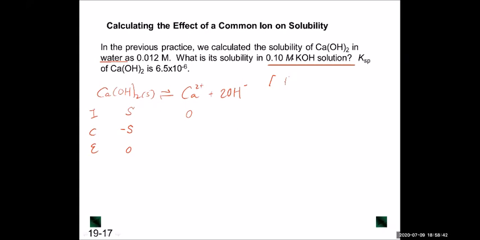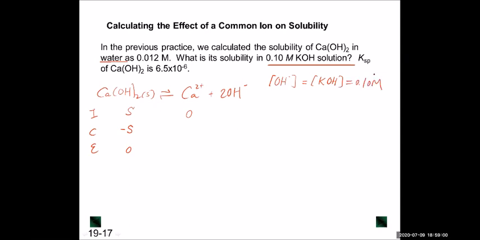This compound, 1 mole will dissociate and give you 1 mole hydroxide ion. So the molarity of hydroxide equals the molarity of the potassium hydroxide, which equals 0.10.